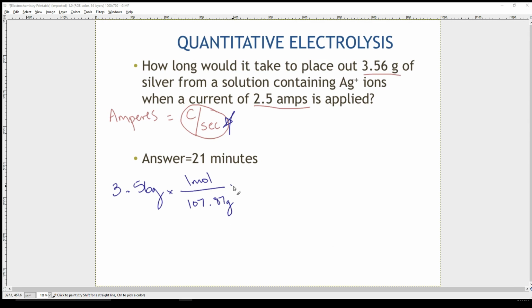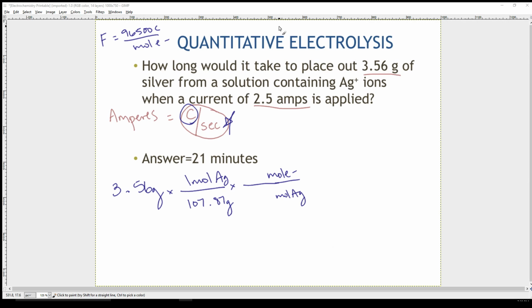Okay, now I want to get this to have coulombs be involved. Let's think. What uses coulombs? I know Faraday's constant does, which is 96,500 coulombs per mole of electrons. Can I convert moles of silver into moles of electrons? Yeah, I definitely can.